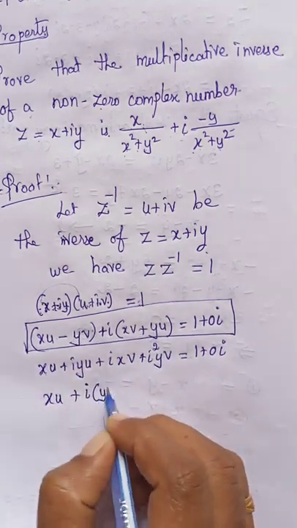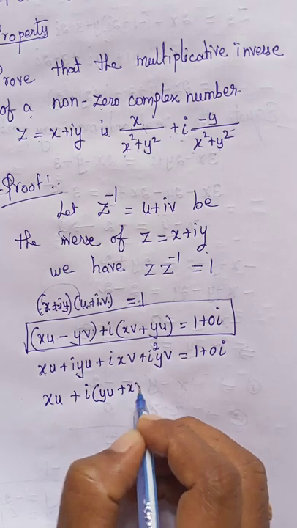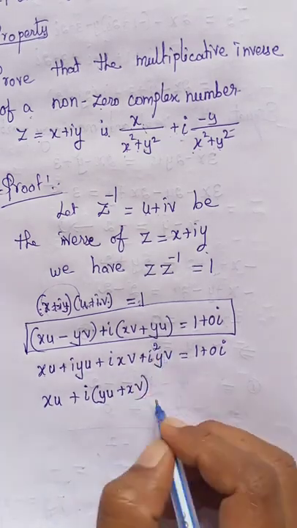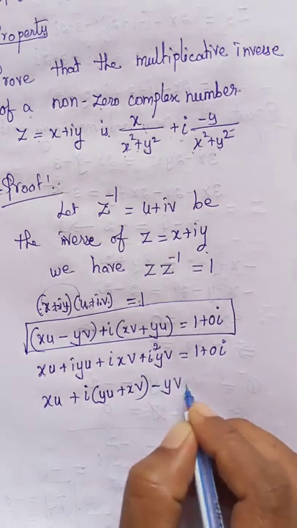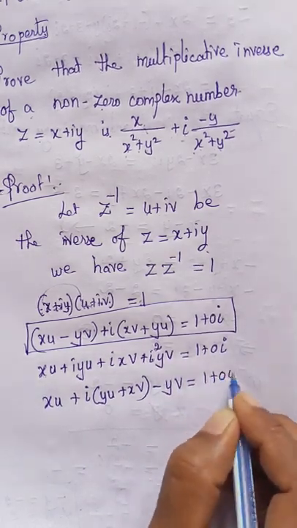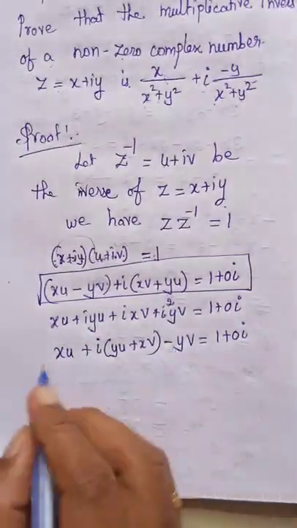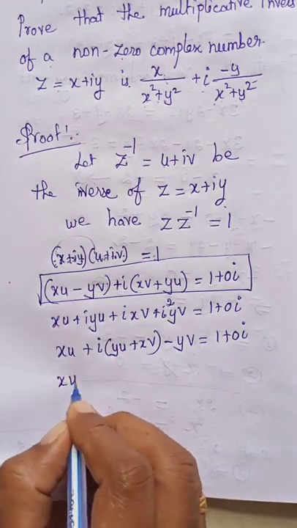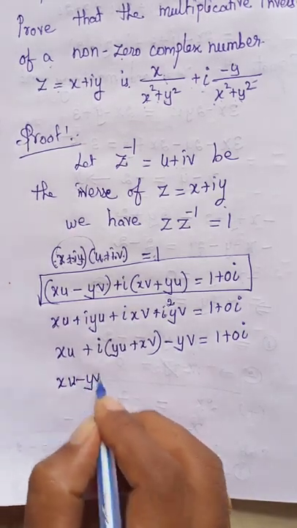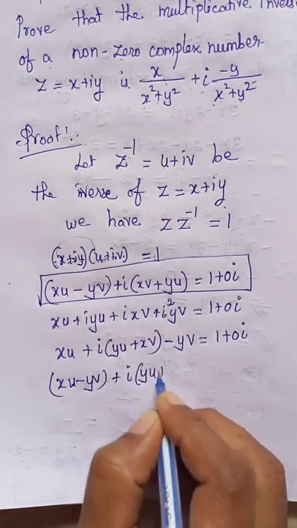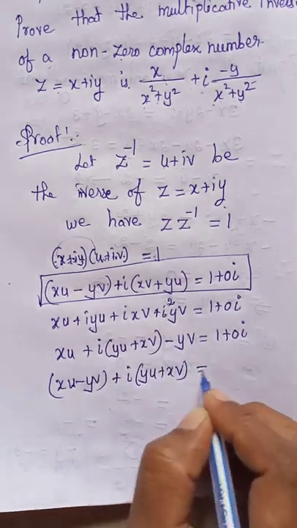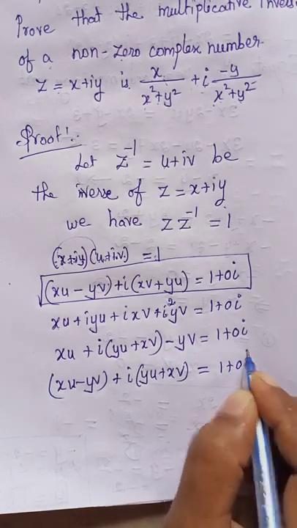This is y into u plus x into v. i square, the value is minus 1. So minus y into v is equal to 1 plus 0i. I am writing together the real part, x into u minus y into v, plus i into (yu plus xv) is equal to 1 plus 0i.